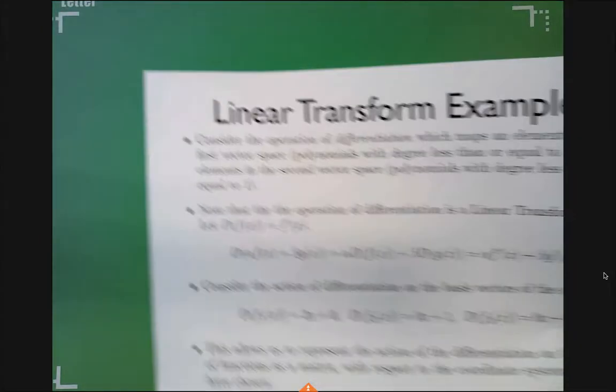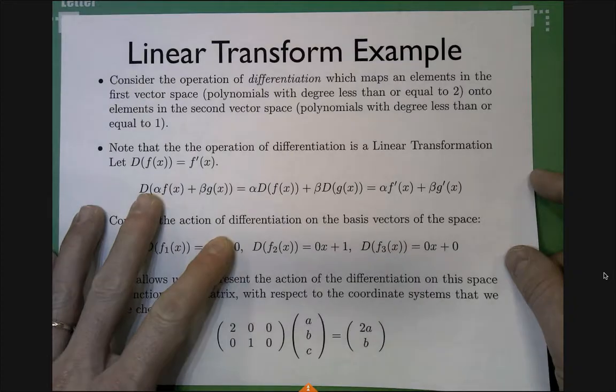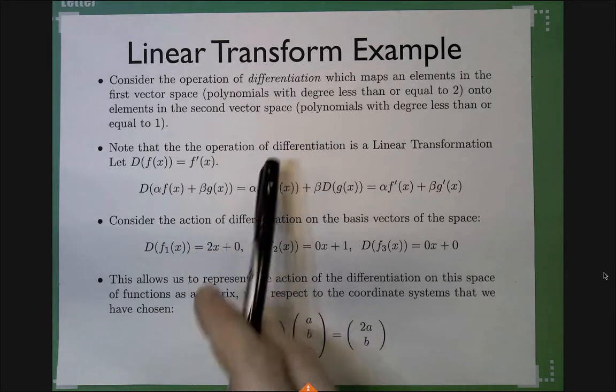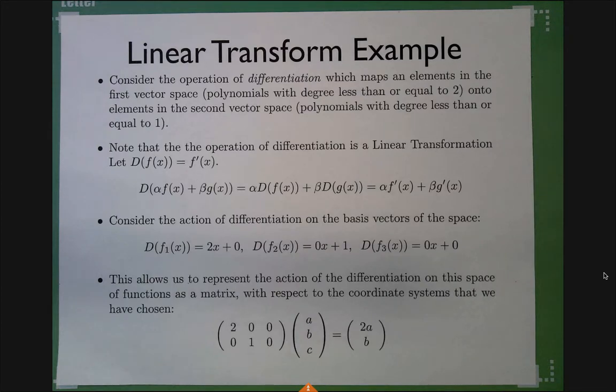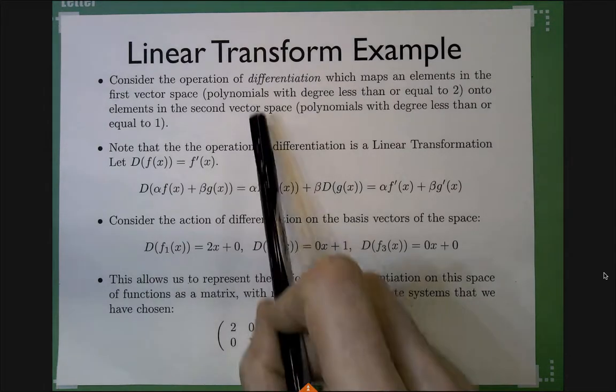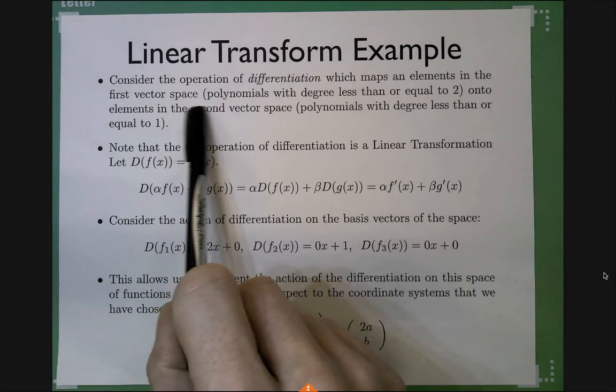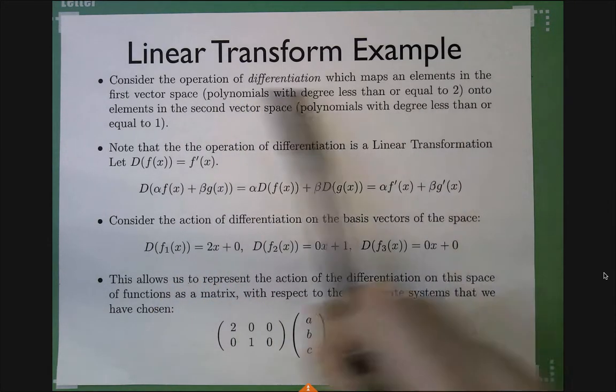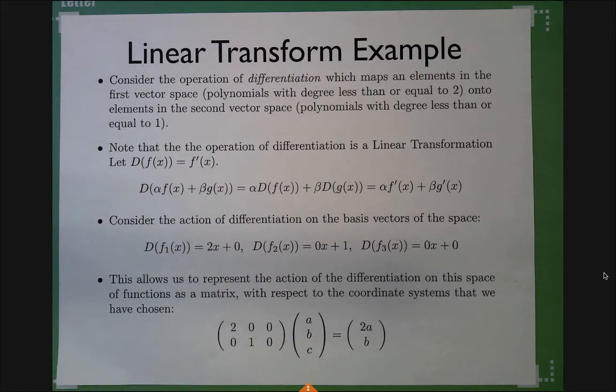And then the example of a linear transformation between these two spaces will be differentiation. Okay? So I'm talking about continuous functions, specifically polynomials, so they can be differentiated. And it turns out that differentiation is a linear operation. Basically my linear transformation is differentiating the polynomial from the first space, obtaining a polynomial in the second space.